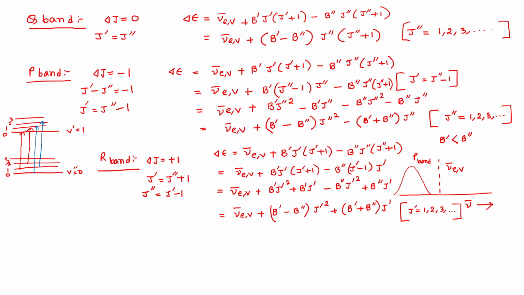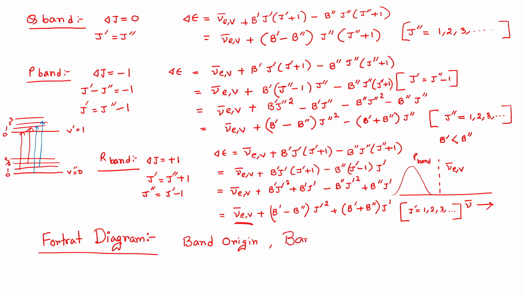So that we are actually going to look at through the Fortrat diagram, and from there we'll get an idea of band origin, this value band origin, and another thing that is known as band head.